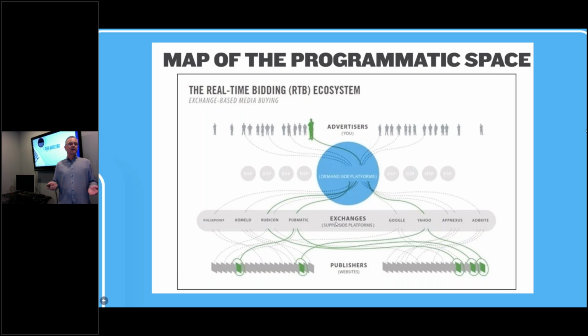Using programmatic, you're able to get a much larger piece of the pie. Each of these exchanges has relationships with different publishers, which are websites. Examples would be Fox, Yahoo, CNN, USA Today.